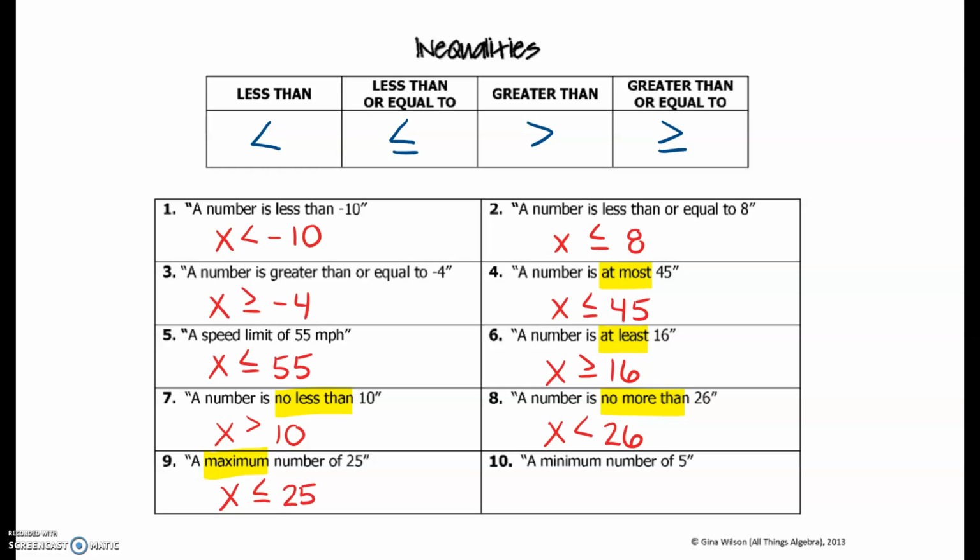This is the exact opposite for number 10, where we say a minimum number of 5. A minimum number of 5 indicates to us that 5 is the lowest value, and we either want our number to be 5 or higher. So therefore, x is greater than or equal to 5.